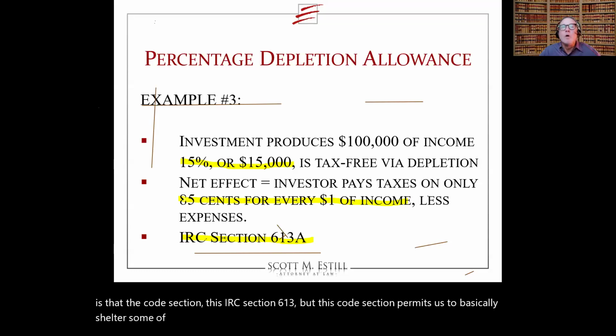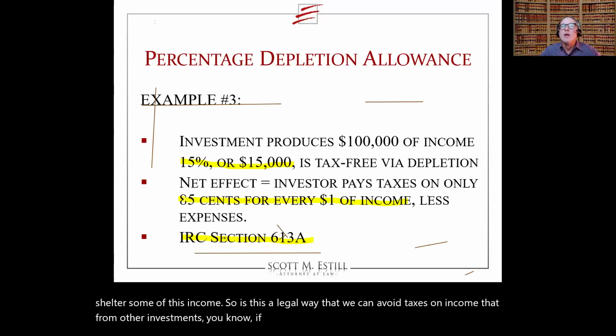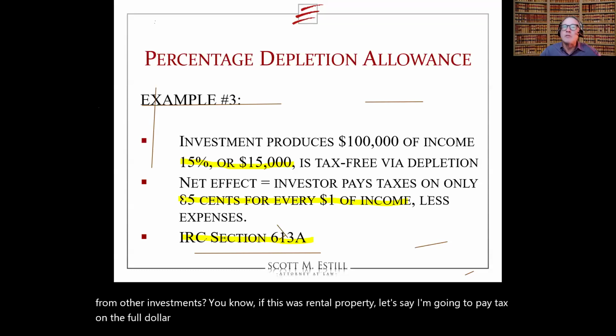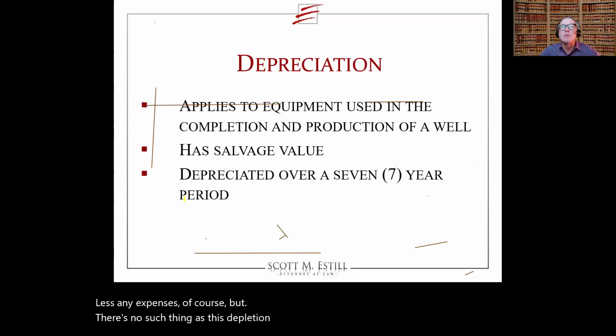So this is a legal way that we can avoid taxes on income that from other investments, if this was rental property, let's say, I'm going to pay tax on the full dollar of income. Less any expenses, of course, but there's no such thing as this depletion deduction that I'm getting here in example 3.